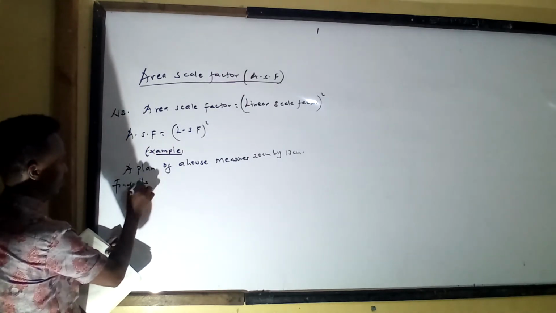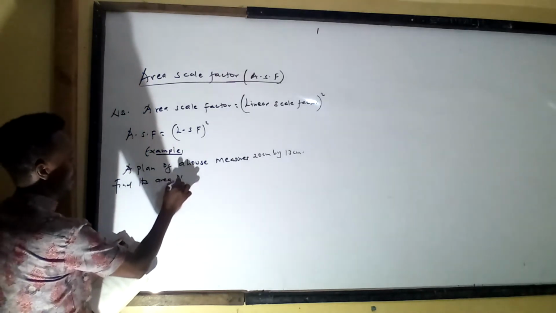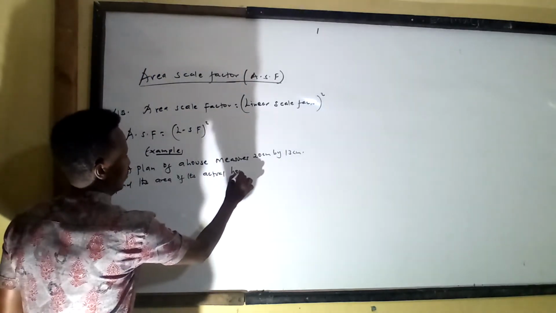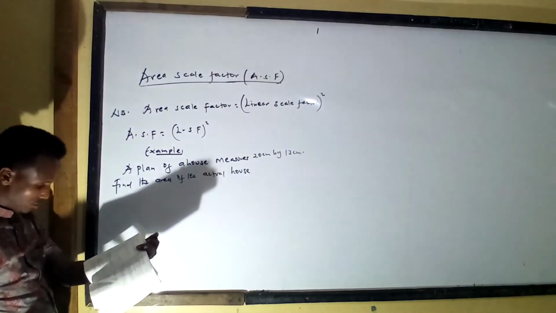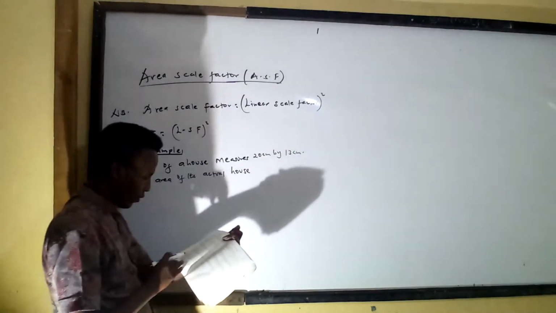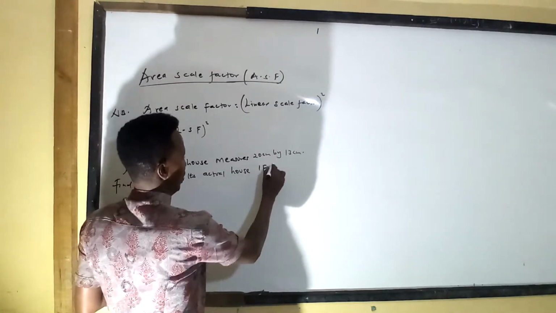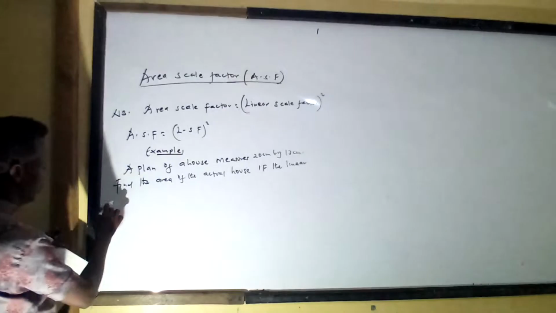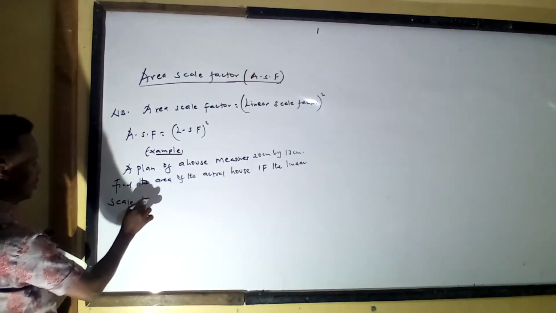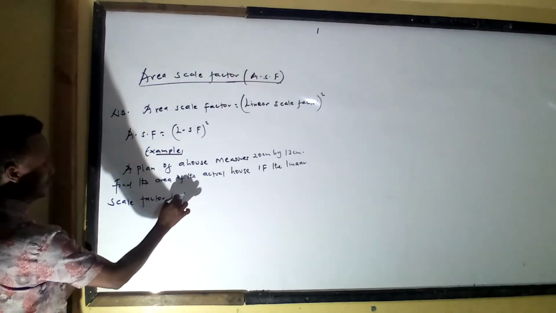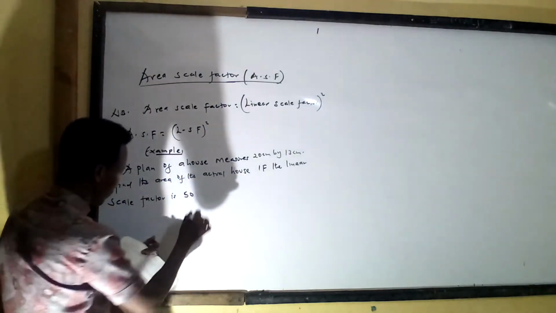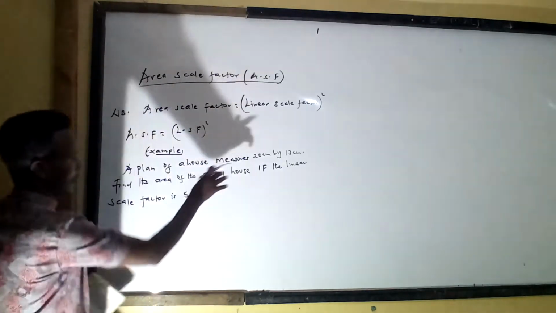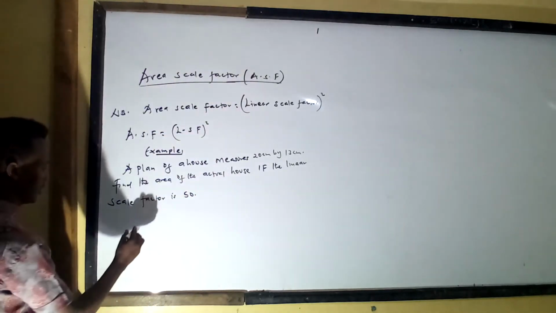Find the area of the actual house if the linear scale factor is 50. Don't forget these measurements are as far as the plan is concerned.